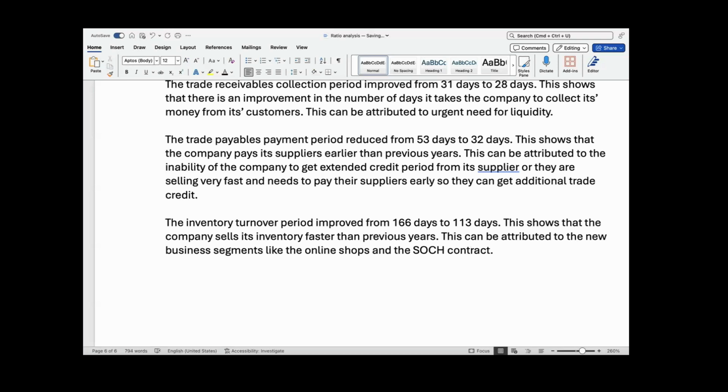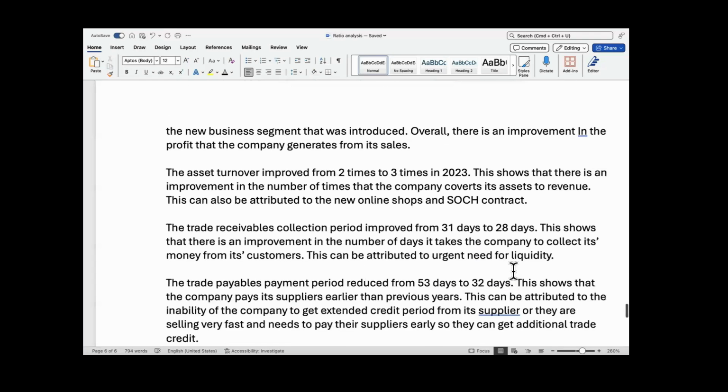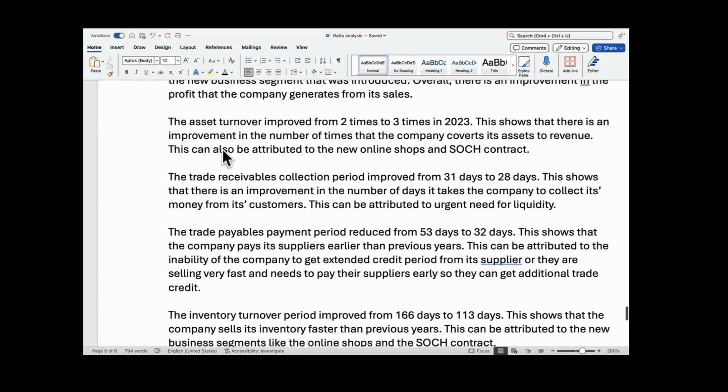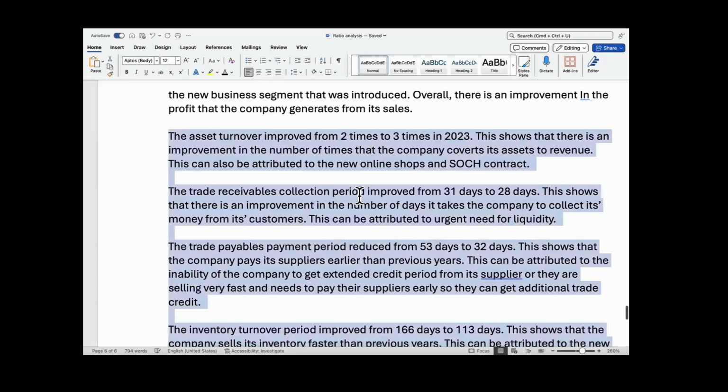And we believe that that's why they have improvement in inventory turnover. Okay, so that's it. That's the analysis for efficiency.